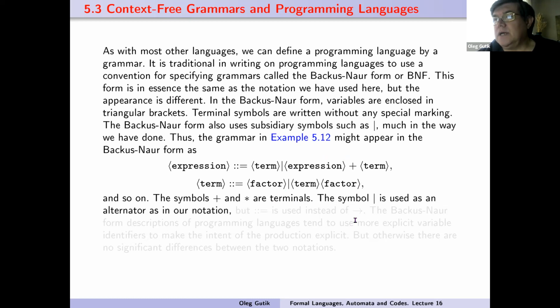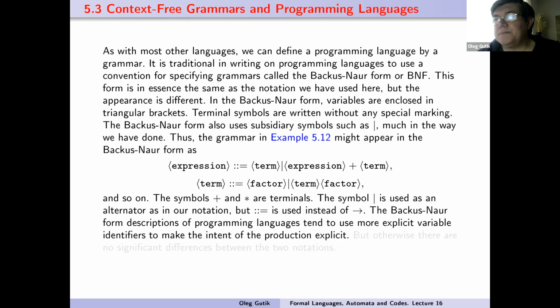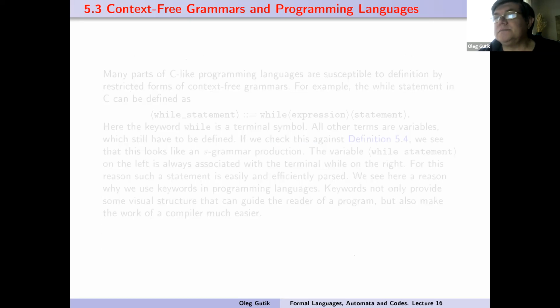The symbol vertical line is used as an alternator in our notation, but the following symbol, colon-colon-equal, is used instead of arrow. The Backus-Naur form description of a programming language tends to use more explicit variable names to make the intent of the production explicit. But otherwise, there are no significant differences between the two notations.